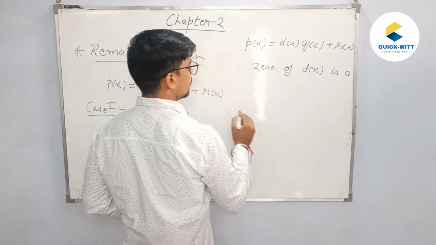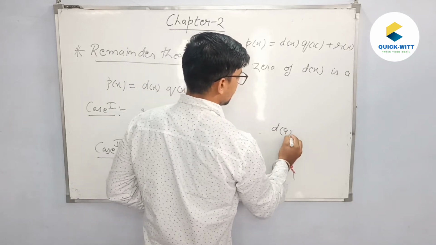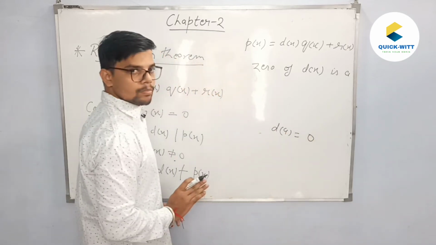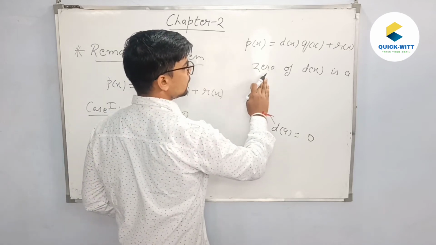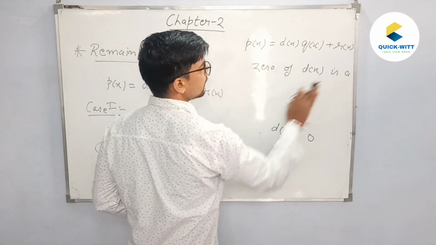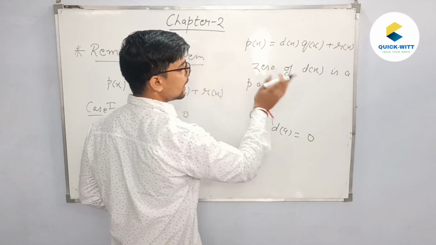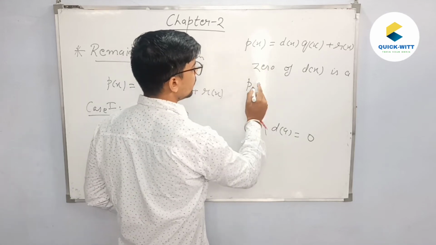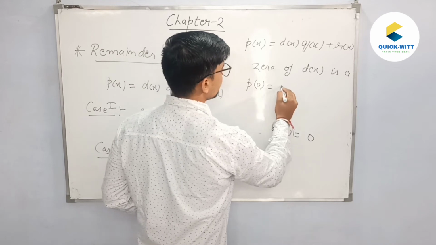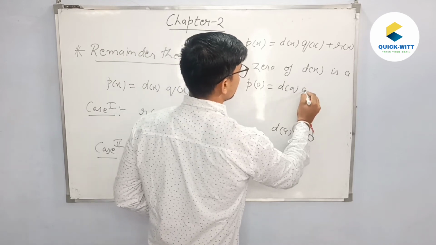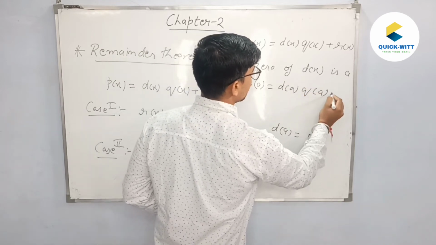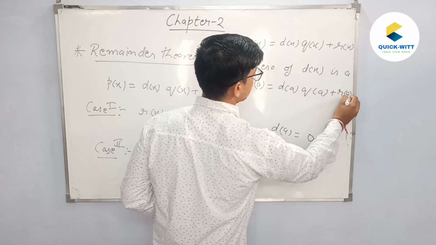If I find d(a), it will be 0. So when I get the value of polynomial at point a, then what will I get? d(a) times q(a) plus r(a).